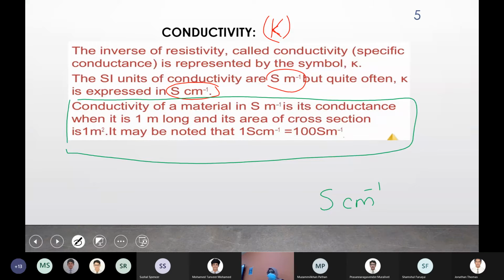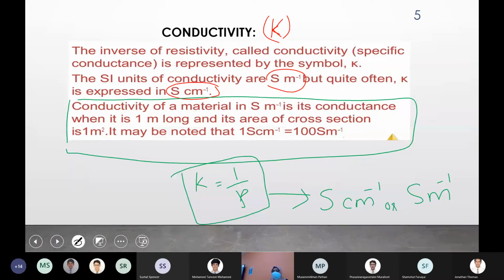Kappa is 1 by rho. And its unit can be either Siemens centimeter inverse or Siemens meter inverse. And this conversion you will be knowing.